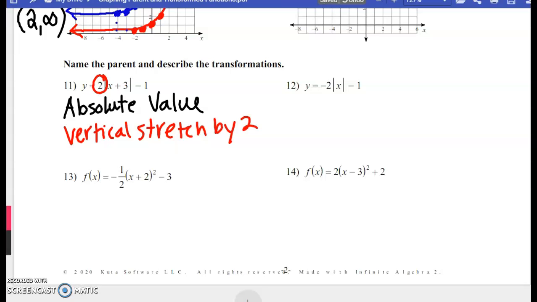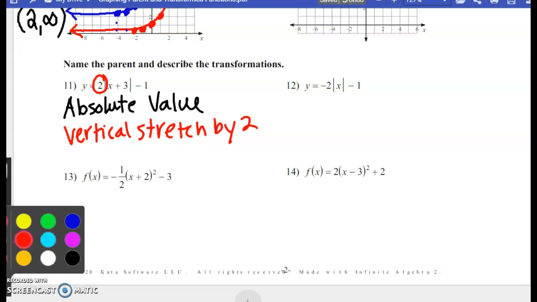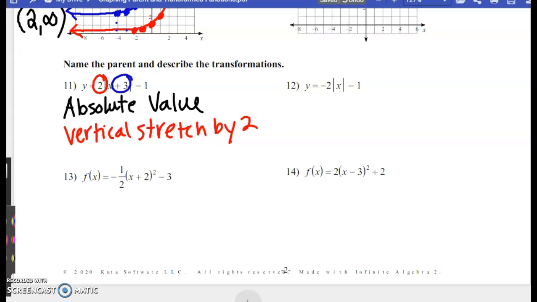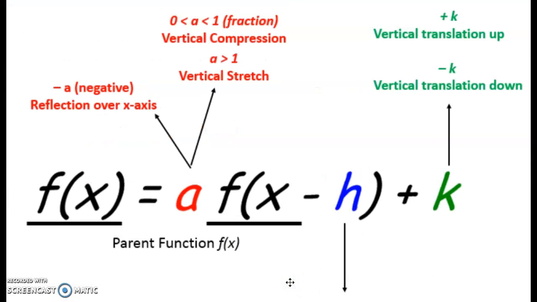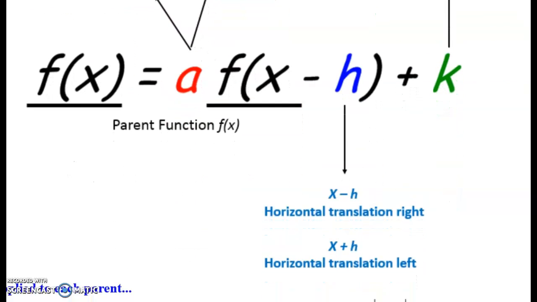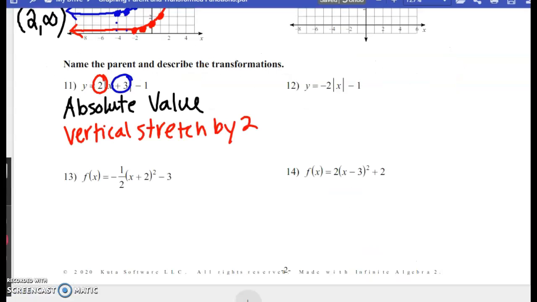And the next thing that's different is the plus 3 in parentheses. So again, if I go back to my parent function notes, the plus in parentheses is the same as h, and if it's plus, it's a horizontal translation to the left. It's going to be a horizontal translation to the left.